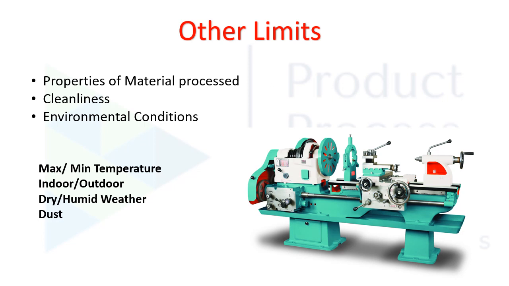So if a machine is designed to be used indoors at a maximum temperature of 30 degrees centigrade, and we put the same machine outside in the sunlight, we cannot expect it to work in a similar fashion, or the risk of the machine will change.